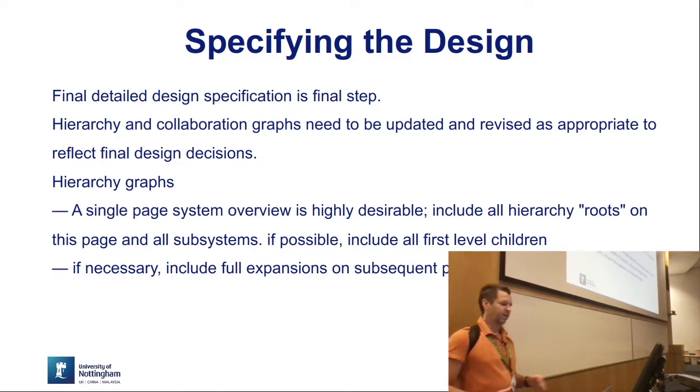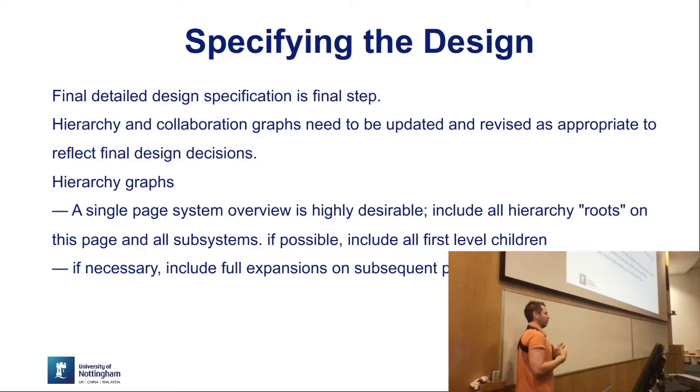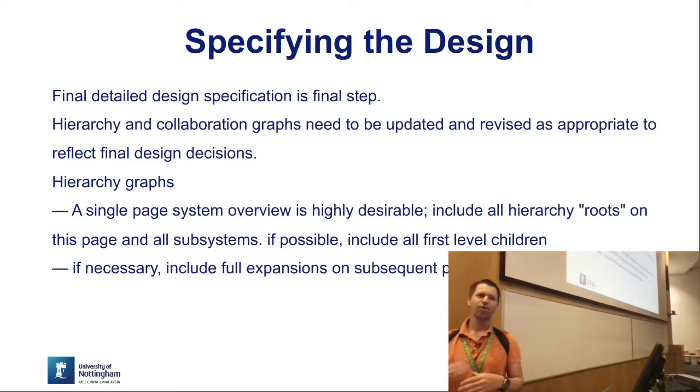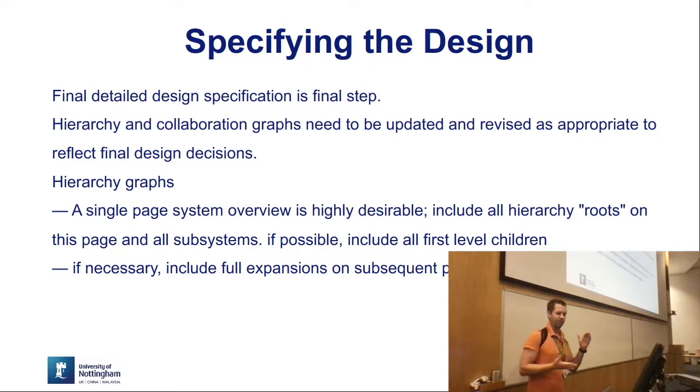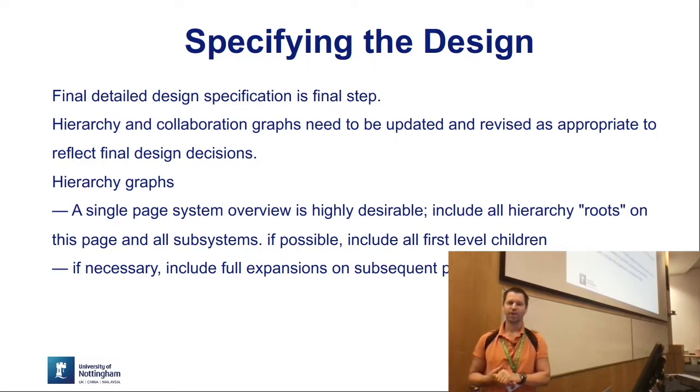Then these last few slides are just what happens when you define all the protocols: the final stages of your design documentation. If you follow all the rules really strictly, you find out that you have a very long and complicated design document at the end.